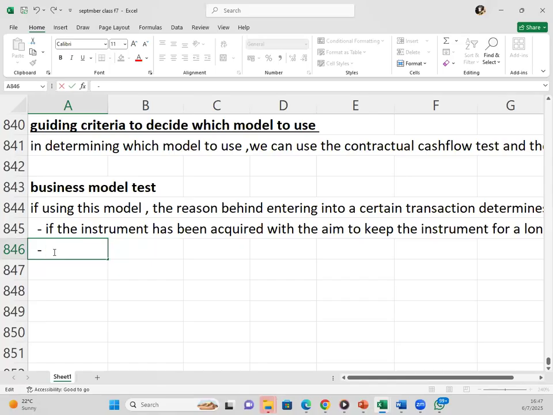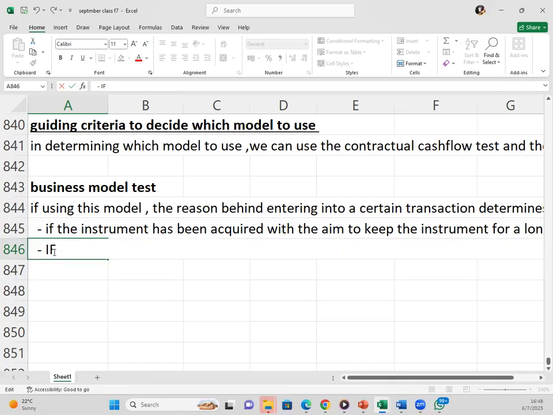So if we buy shares with the intention of reselling them, not keeping them for a long time, we are said to be keeping it for short-term benefits. Then the instrument should be held at fair value through profit and loss.